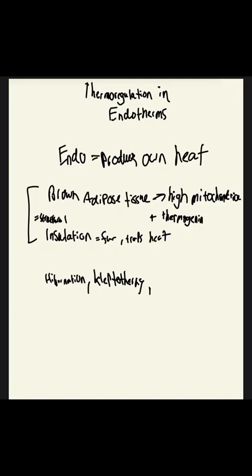So similar to hibernation, but it's called aestivation. Now there's also another one called torpor. Torpor is a short-term temporary state of reduced physiological activity. So it's sort of a brief version of hibernation.